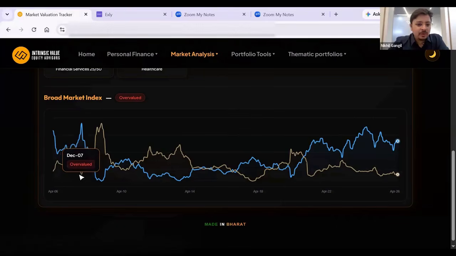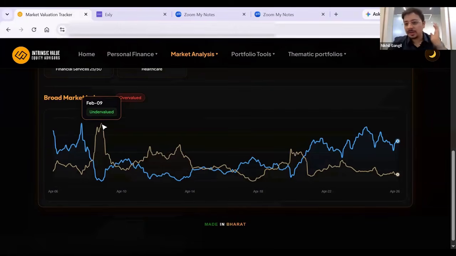Every time the blue line is above the brownish line and the divergence is huge, the markets are hugely overvalued. And whenever the brown line is above the blue line and the divergence is huge, the market is undervalued.